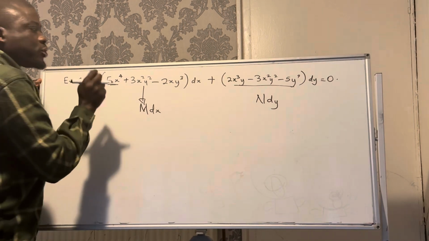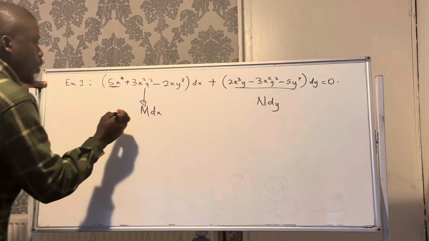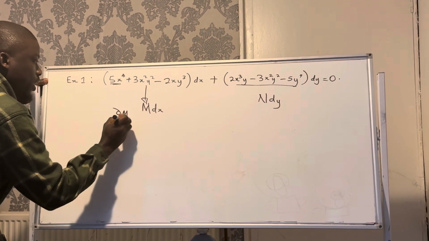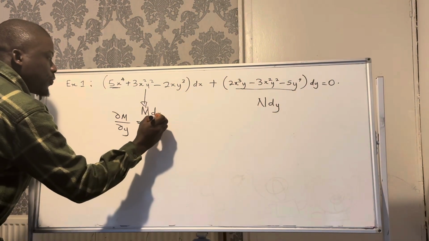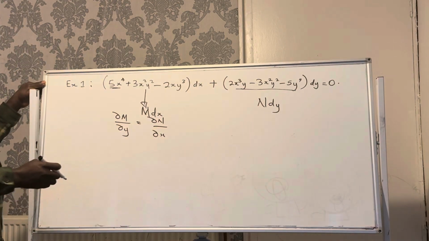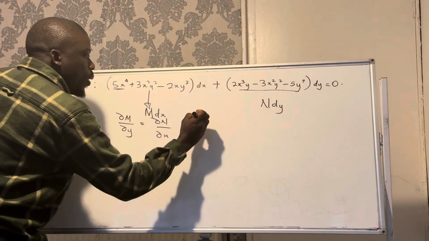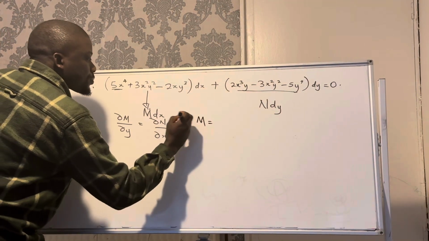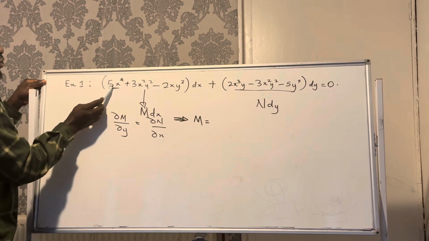Now, let's show if this differential equation is exact or not, by applying the partial differentiation of M with respect to y equal to the partial differentiation of N with respect to x. What's the value of our M? Let's differentiate this with respect to y.